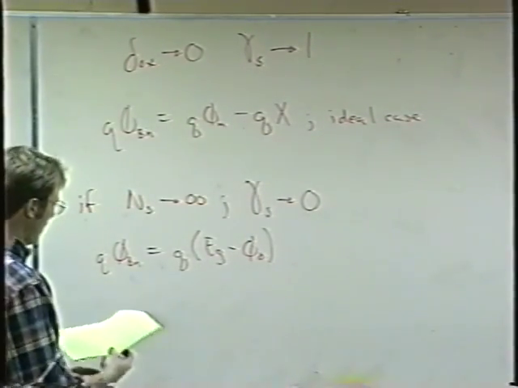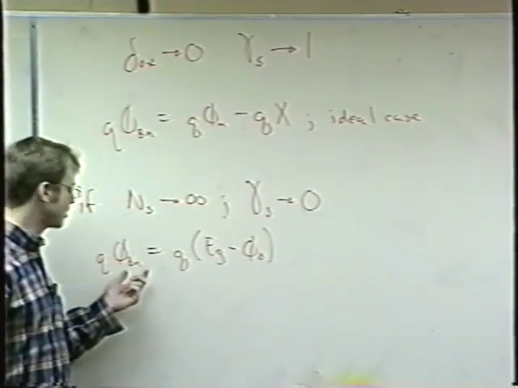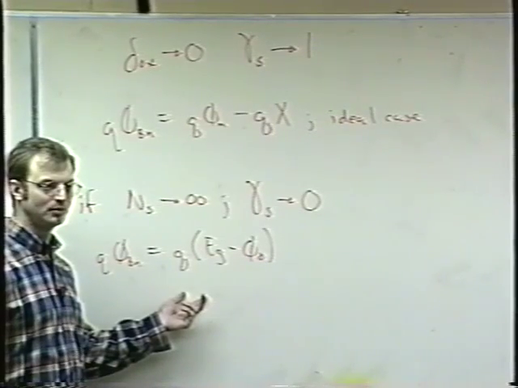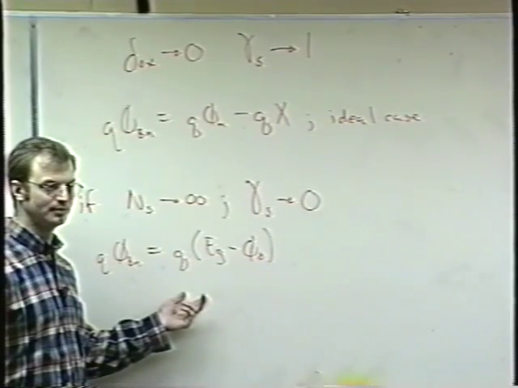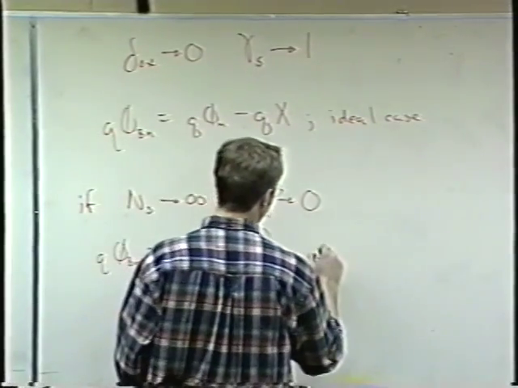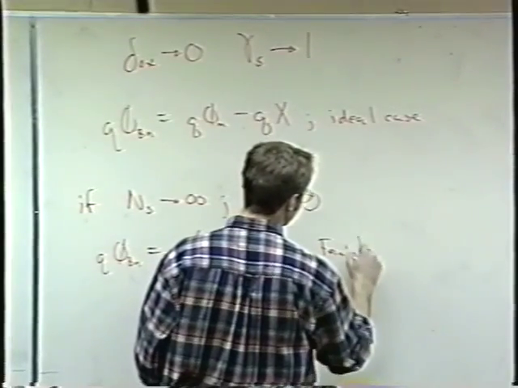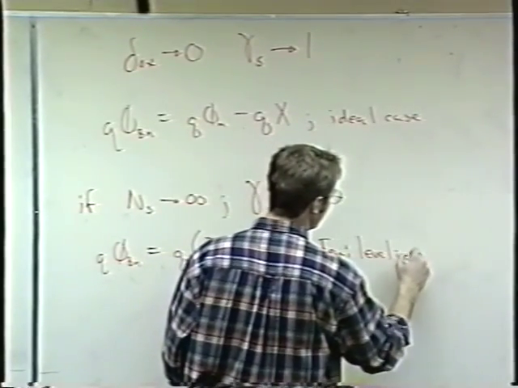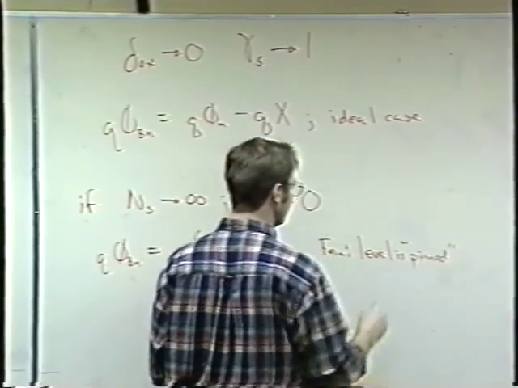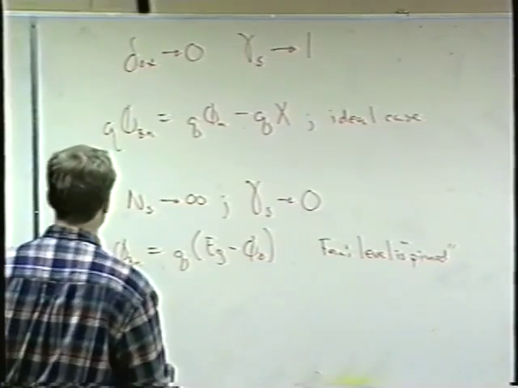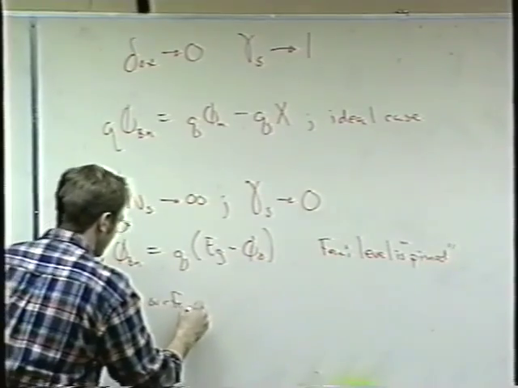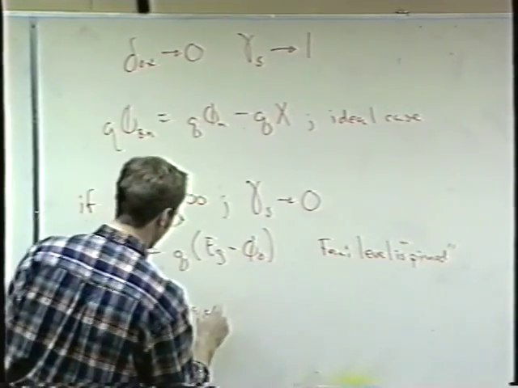Okay. What this means is that our Schottky barrier height has no dependence on the Fermi level. Okay, this is called pinning. So the Fermi level is pinned at the surface of the semiconductor.